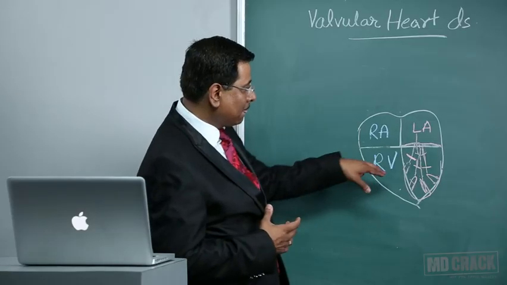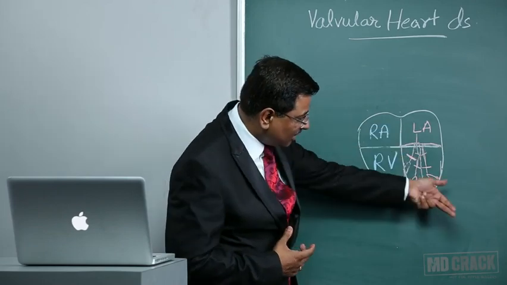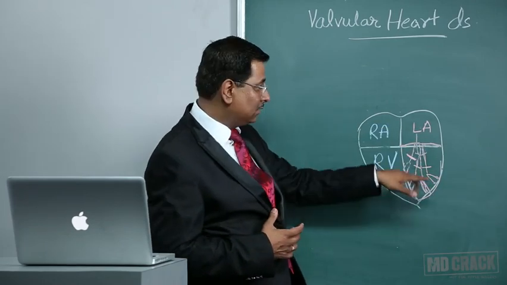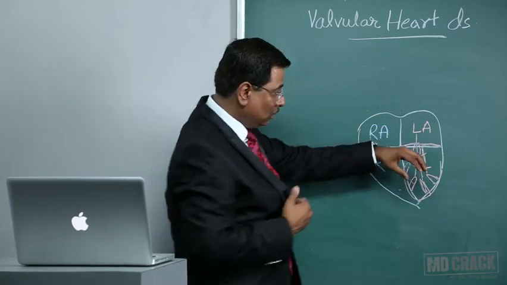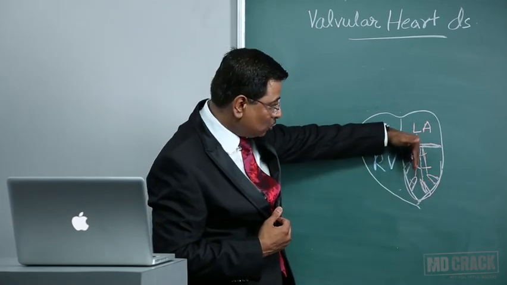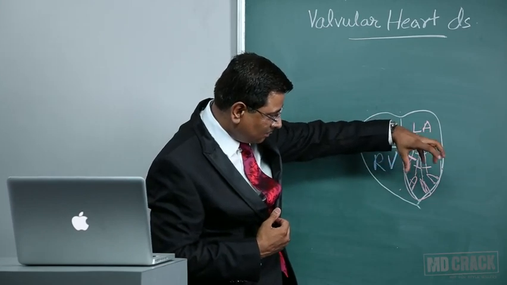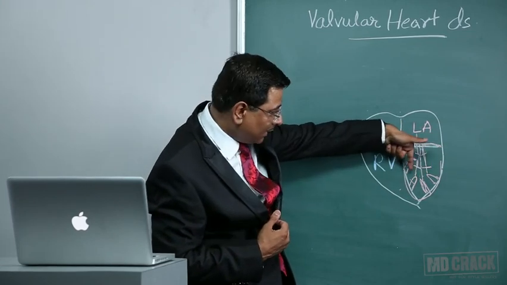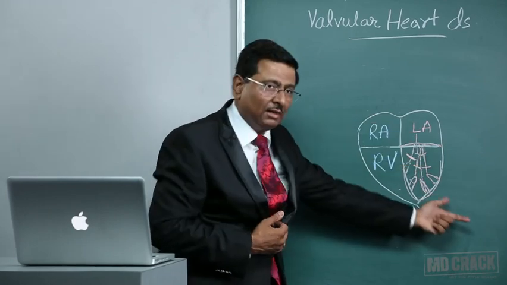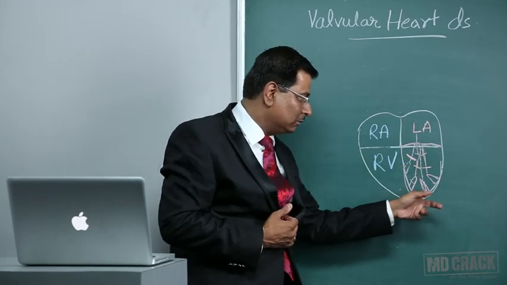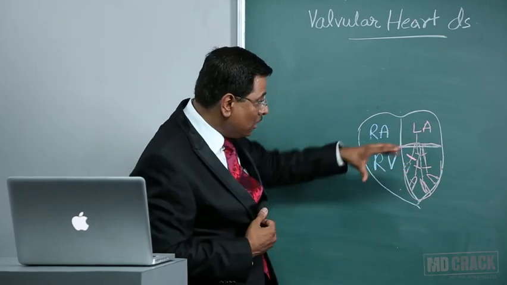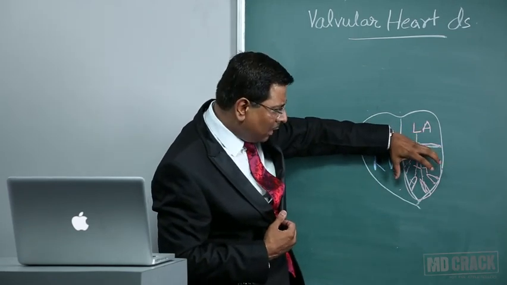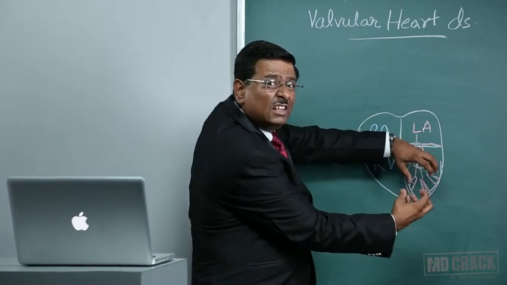Please understand, this ejection systolic murmur comes after the first heart sound, means the mitral valve is closed, the aortic valve opens. As soon as the left ventricle starts developing pressure, at that time blood flows from the left ventricle into the aorta, and because of the stenosis, the murmur is produced. Now the left ventricle will have to contract a lot if the stenosis is very severe.